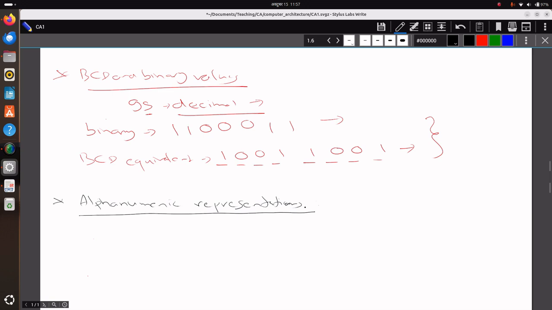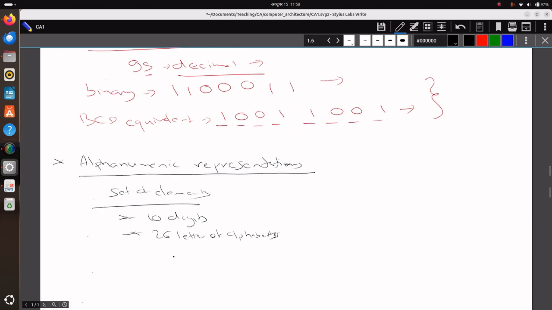So an alphanumeric character set is a set of elements that includes 10 digits from 0 to 9, 26 letters of the alphabet, if we count both upper and lowercase it's going to be 52, and also a number of special symbols like $, plus, equals to, etc.